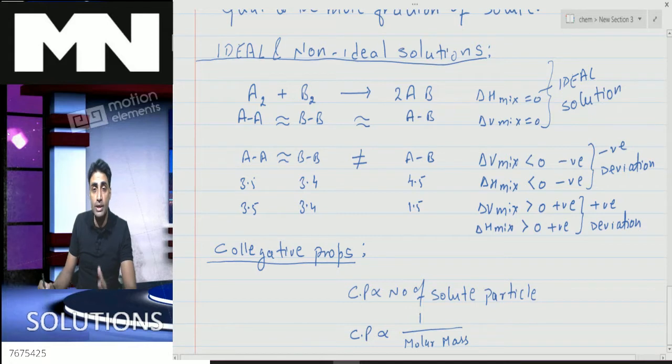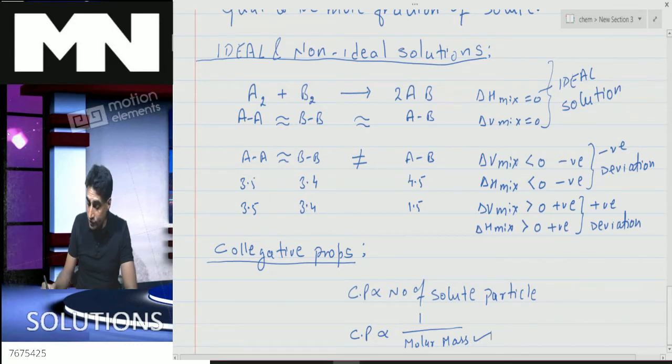So higher the molar mass, lesser will be the colligative property. And we basically use all these colligative properties to calculate the molar mass of an unknown solute. This is the main utility of all these colligative properties.